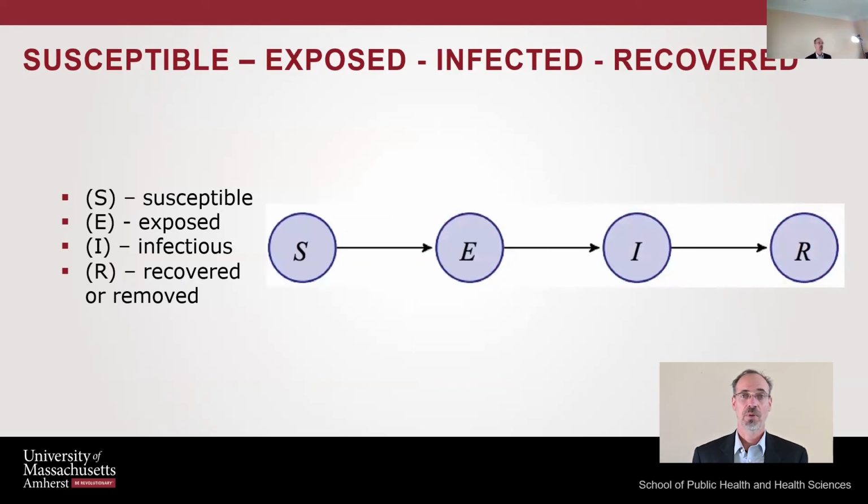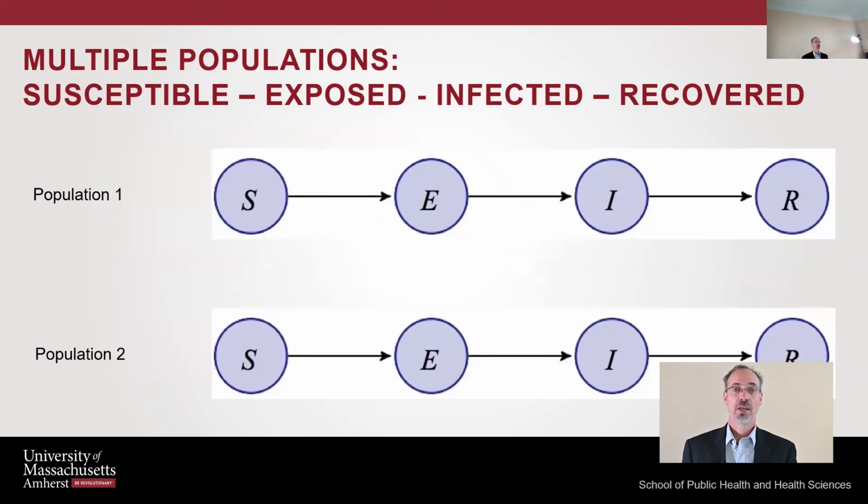We can get even more complicated with this: susceptible, exposed, infected, recovered, where there's an exposed state where people are exposed to the pathogen, but maybe not necessarily infective yet, or maybe they're just asymptomatic yet. And so it depends on how you view this. We can get even more complicated with this, having multiple populations interacting with each other. So, for example, the exposed or the yet infective are able to infect other susceptibles in one of the other populations.